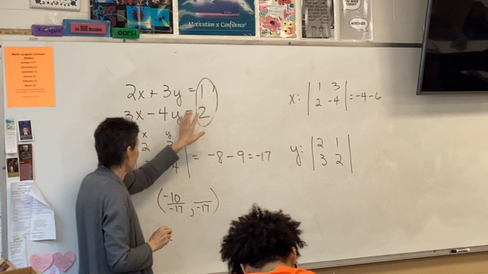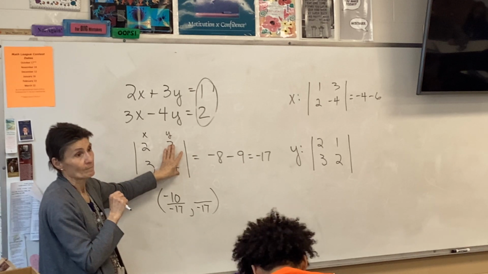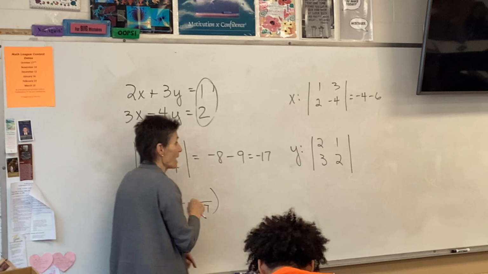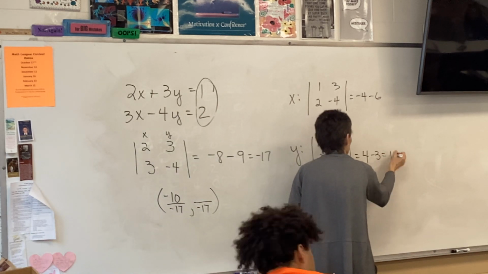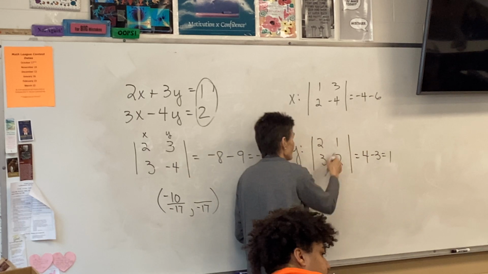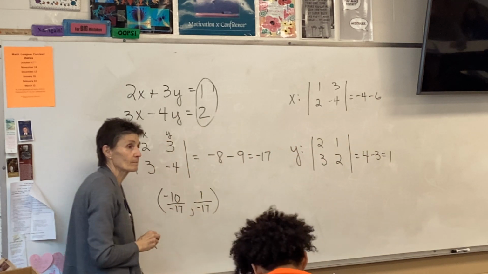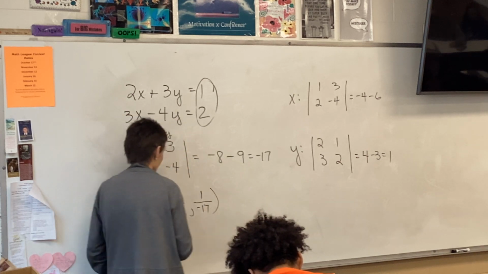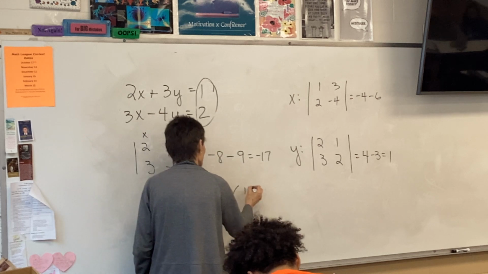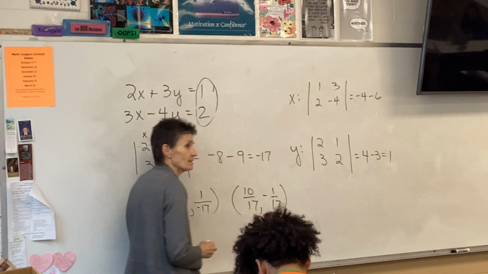These are gonna cover up whatever letter you are solving for. Okay, what's the value of that one? 0. No, 1. 4 minus 3. 2 times 2 is 4, 3 times 1 is 3, 1. So the answer to the system, the negatives cancel, so it's 10/17, comma -1/17.